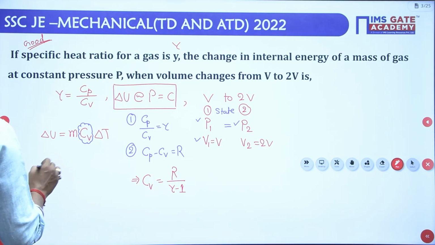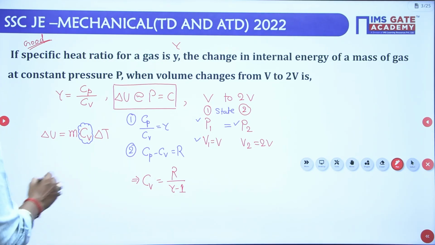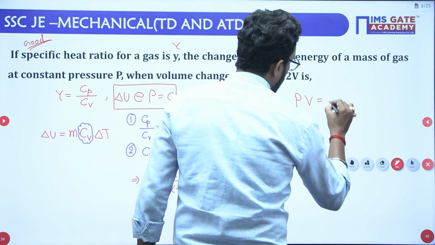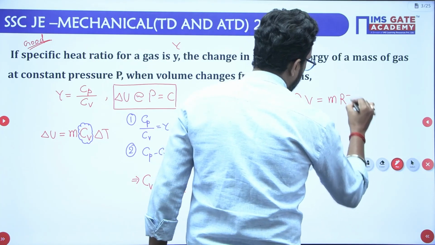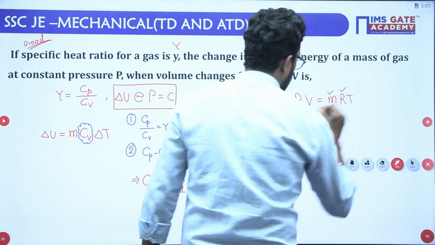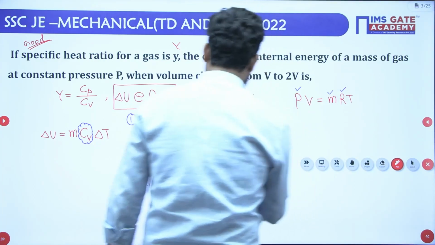So, my dear, what is the ideal gas? PV is equal to mRT. So, beta, mass is constant, R is constant, pressure is constant, it is given.